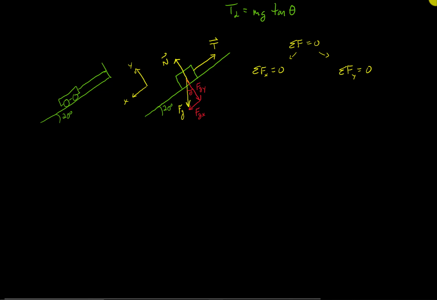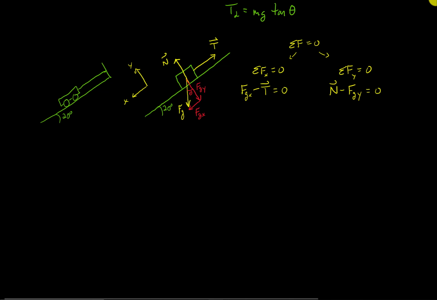So it's going to be FGX, this one, because it's positive, minus tension is equal to 0. And then in the y direction, we have the normal force, which is positive, minus the force of gravity in the y direction. That's equal to 0. So this is all for our equilibrium. So we just break it up into components, set everything equal to 0.